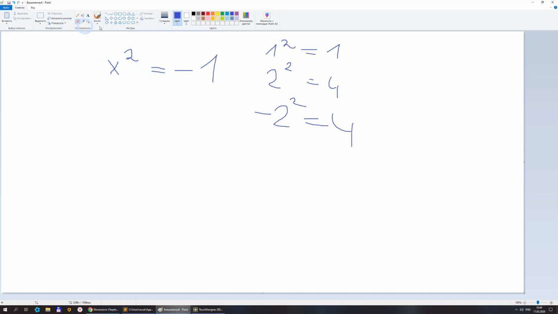And complex numbers consist of 2 parts. The real part, sorry, my writing in Paint, it's not very good, but still. And imaginary.